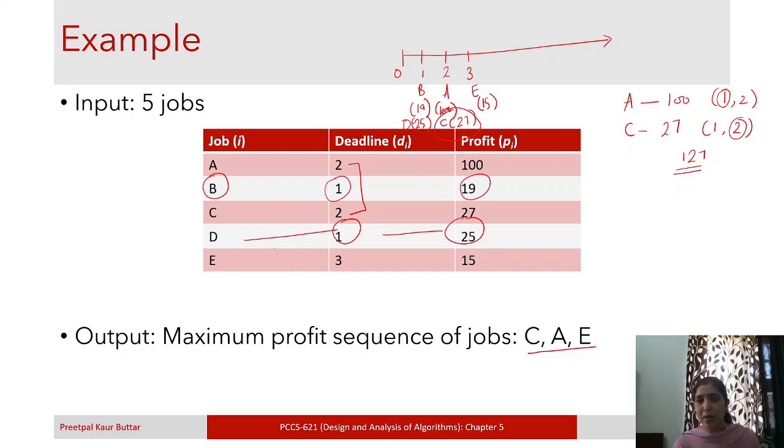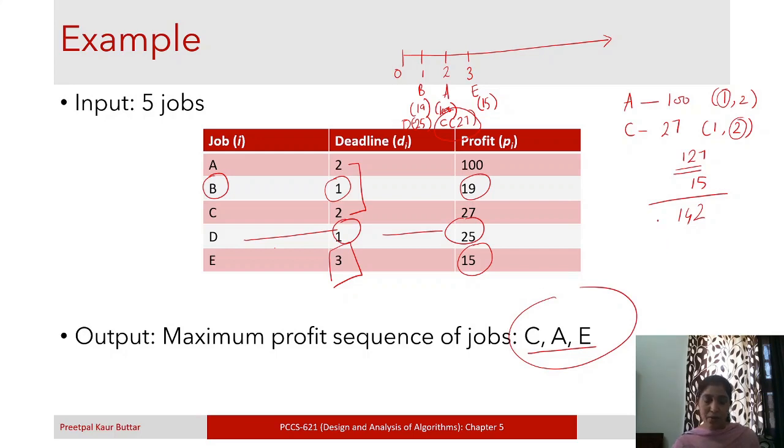So again slot 1 is filled and the profit it is giving is lesser, so we will not pick B. But E can be picked because its deadline is 3, which is not colliding with any other job, and so we can earn this profit of 15. So this is the total profit which we can earn using the sequence of jobs CAE.